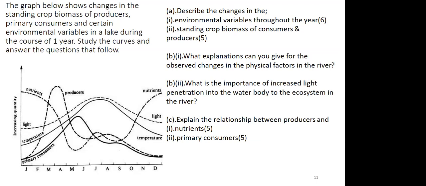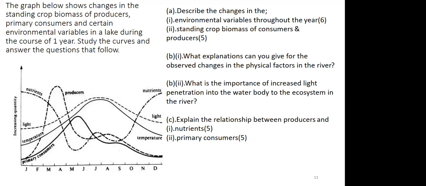So usually the light intensity is less in rainy seasons, because by then there's a lot of cloud cover, and then the light intensity is a lot in the dry spells or the dry seasons when there is less cloud cover. Of course, when there's less cloud cover, it means that temperatures also will rise.